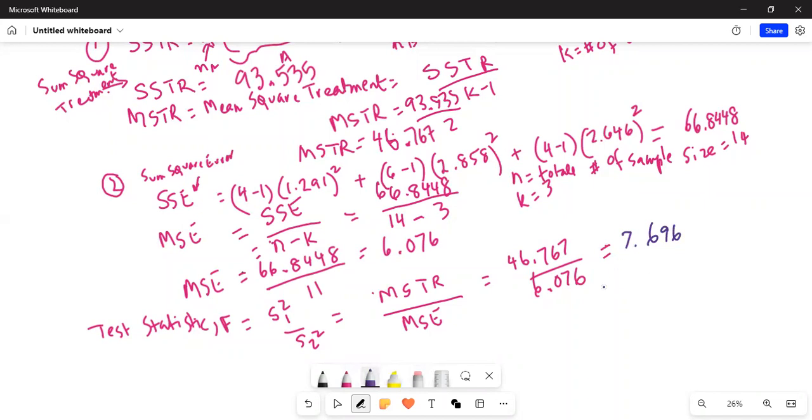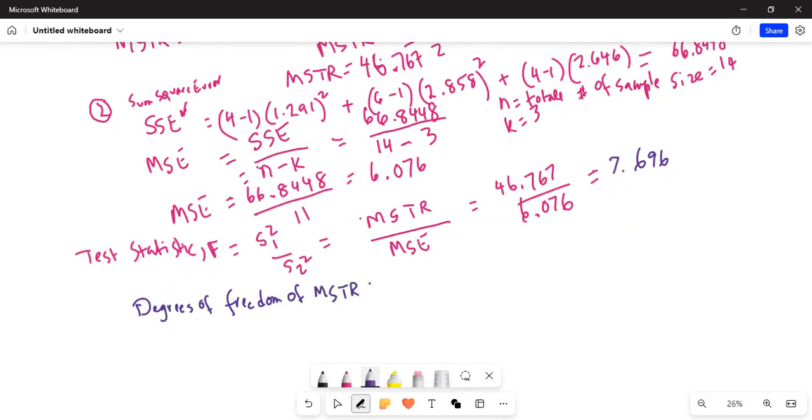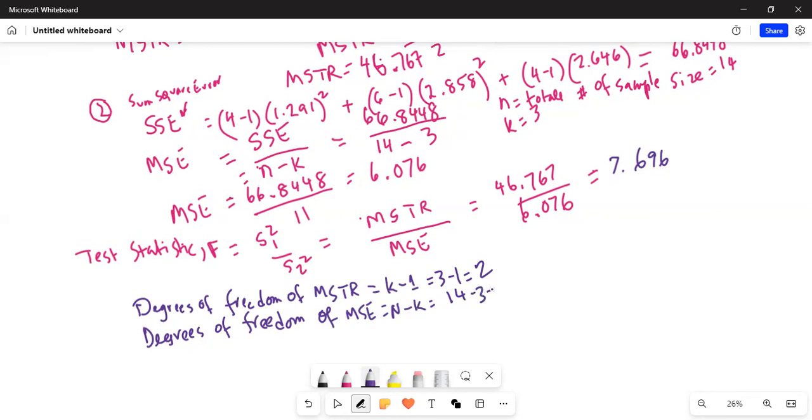Now we also should remember that degrees of freedom of MSTR is K minus 1, which is 3 minus 1 equal to 2, and degrees of freedom of MSE is equal to N minus K, 14 minus 3, which is 11.